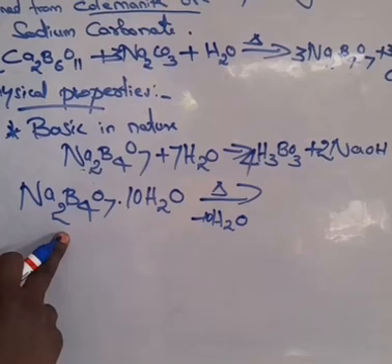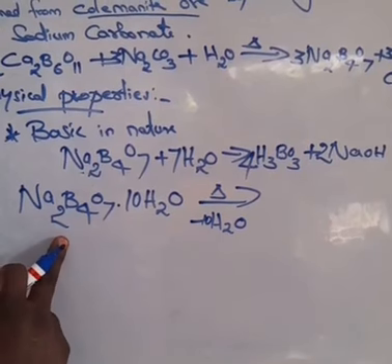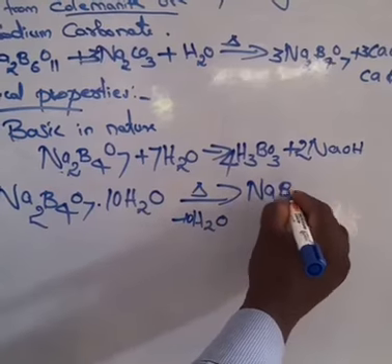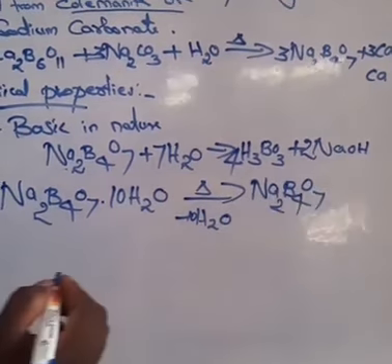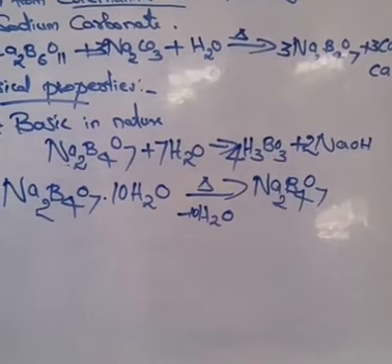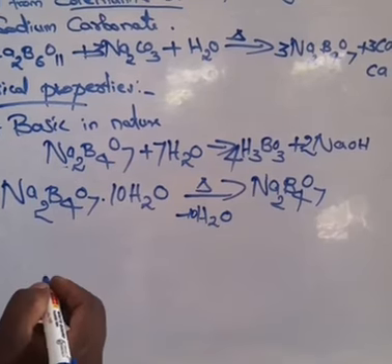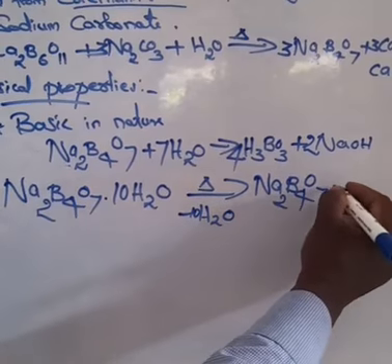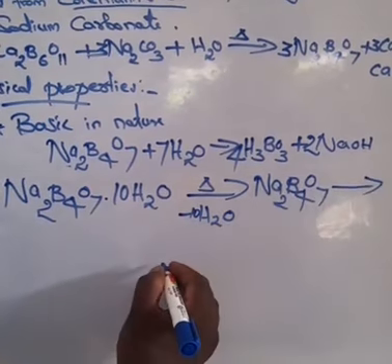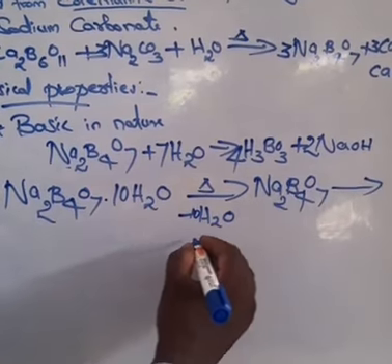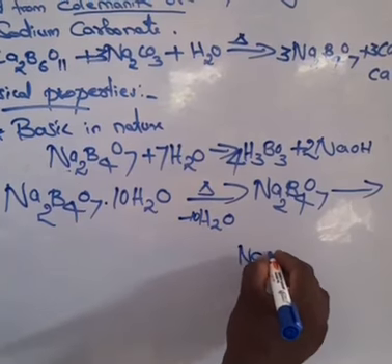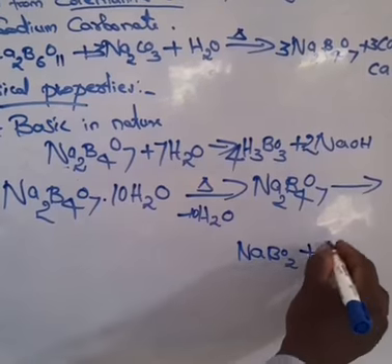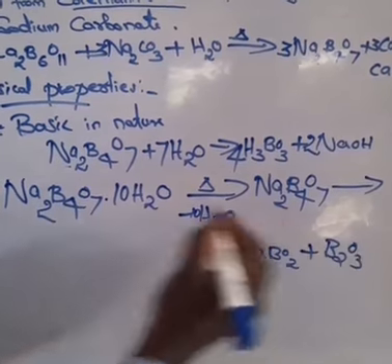What's the remaining product? Na2B4O7. Again on heating, we get sodium metaborate, formula NaBO2, and the evolution of B2O3, boron trioxide.